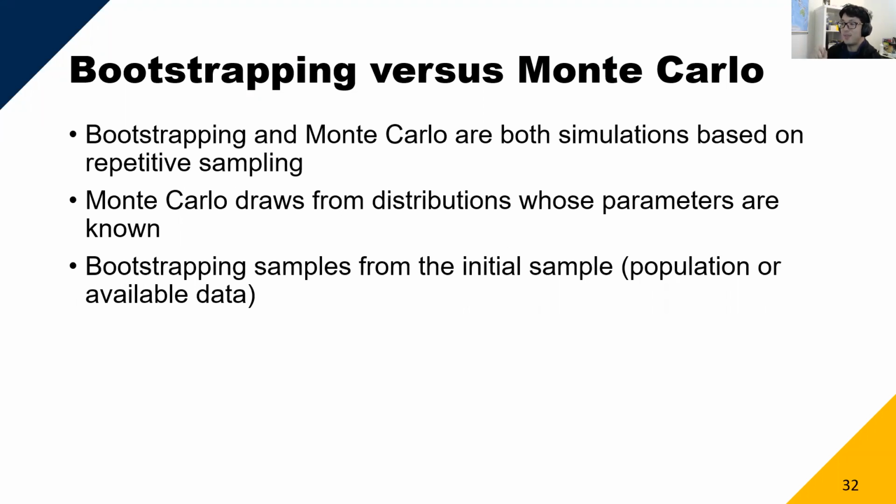And you sample from it many times, and that allows you to have a distribution of input values. So they're, I would say, very close to being the same thing. It's just that one depends on the parameters of the distribution, and one depends on having data that define the distribution.